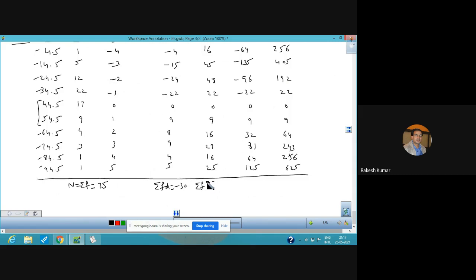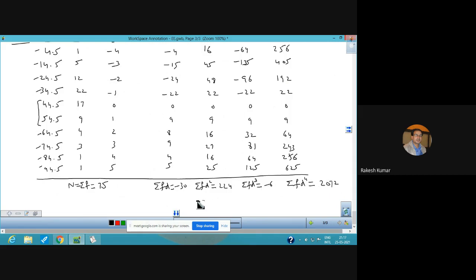Sigma fd square comes out to be 224. Sigma fd cube is minus 6, and sigma fd raised to power 4 is 2072.